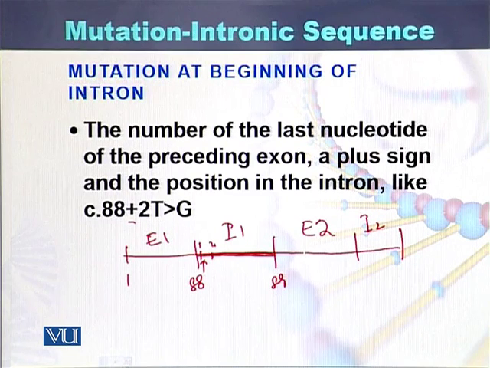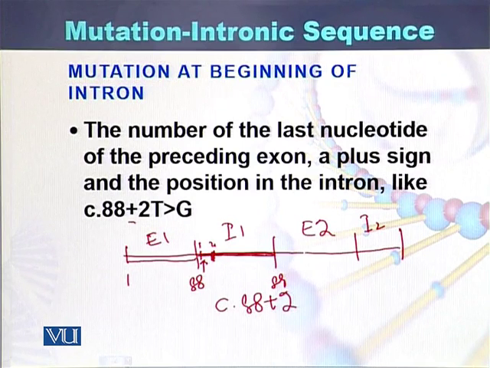If there is a change at this position, it will be written as c.88+2. The 88 represents the last nucleotide of the exon, and plus 2 means the second nucleotide present in the intron.